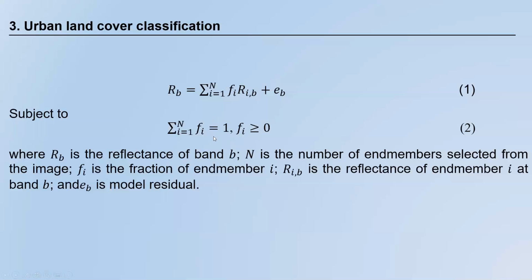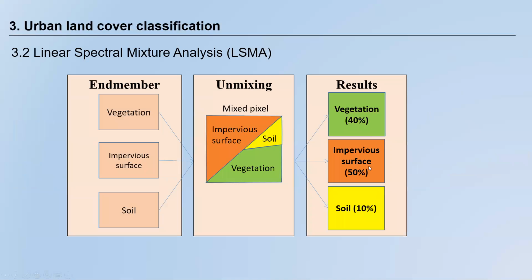And here, equation 2 is just a constraint for Fi. The sum of Fi should be equal to 1, because totally it should be 100%. You just assume that in each pixel there are 3 land cover types, 3 end members. When you solve these 3 equations, you should have 3 Fi values, and if you add them up they should be 100%, just like 40% from vegetation, 50% from impervious surface, and 10% from soil.